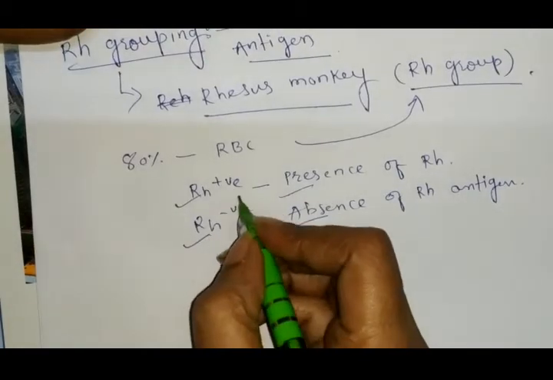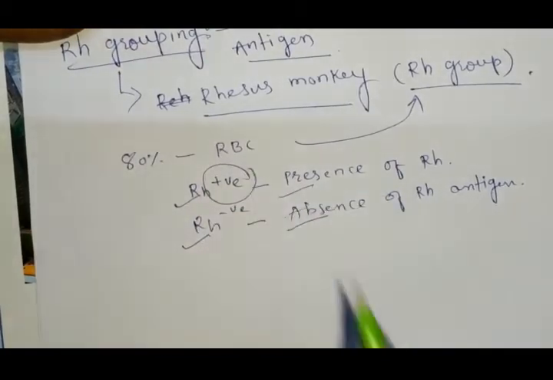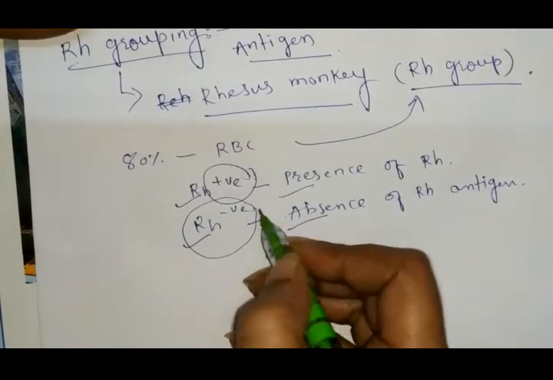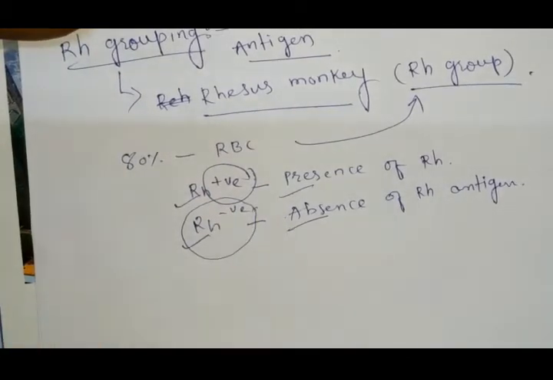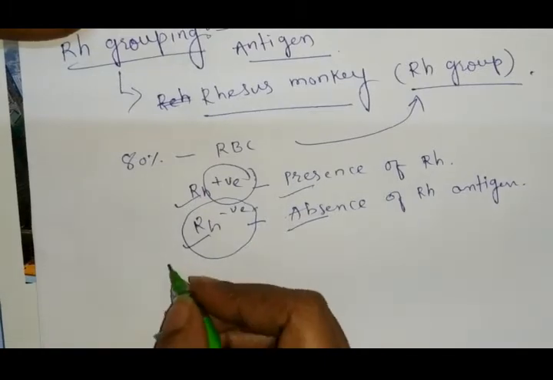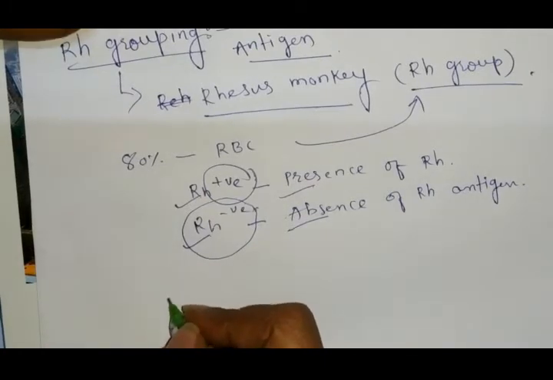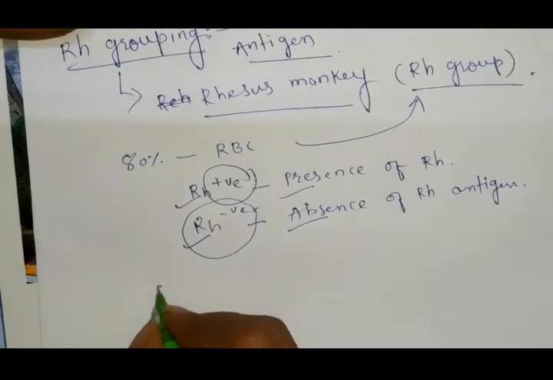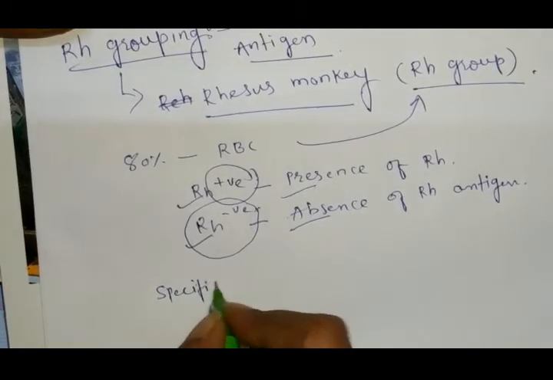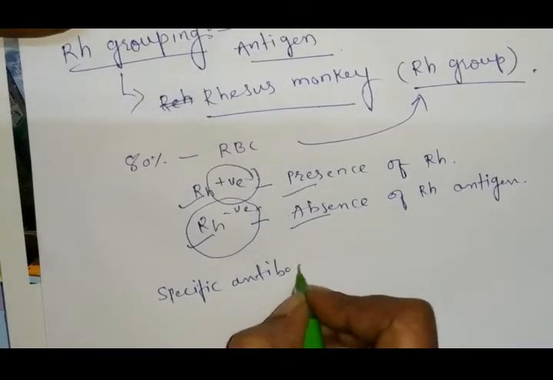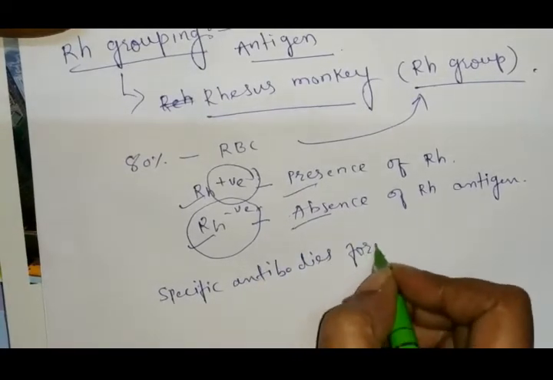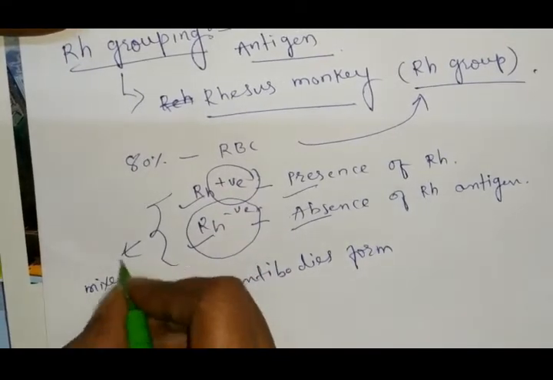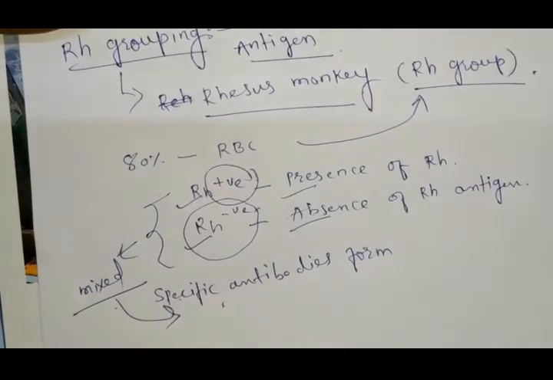If the blood of an Rh positive individual is mixed with that of an Rh negative individual, then it causes specific antibodies to form in the blood. What will form? Specific antibodies form when both bloods get mixed, then specific antibodies are formed.